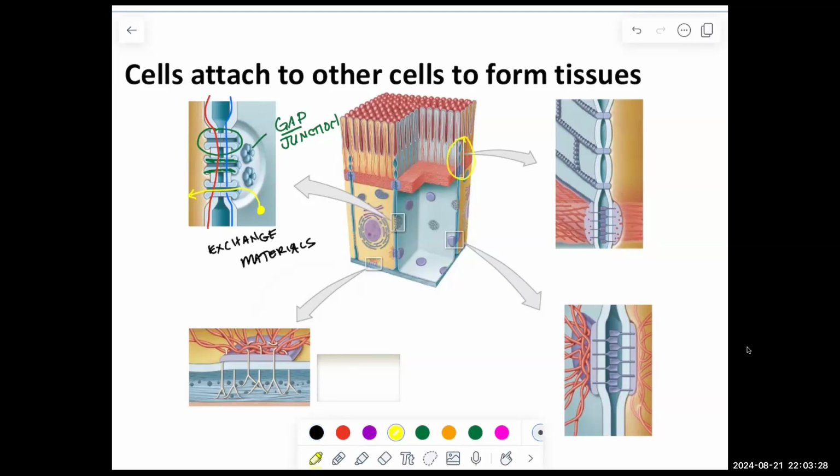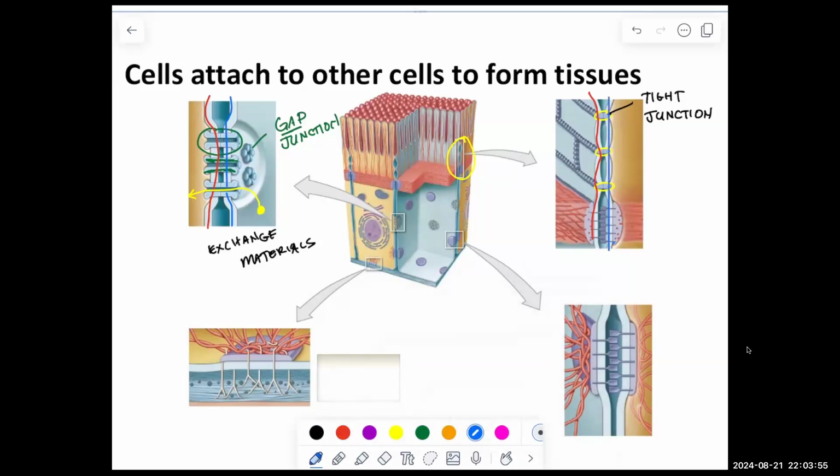This example up here, this is a tight junction. And what you will see here is that it literally fuses the two plasma membranes. It temporarily fuses them right here. So here they're fused, here they're fused, here they're fused.